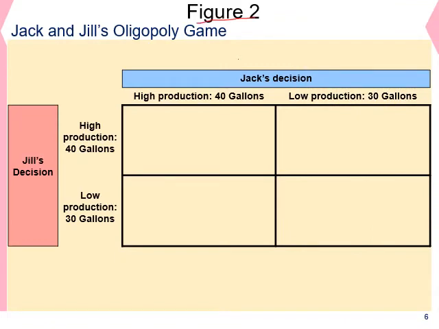Figure 2 deals with the Jack and Jill oligopoly game. They have to make a decision either to produce 40 gallons of water or 30 gallons of water.